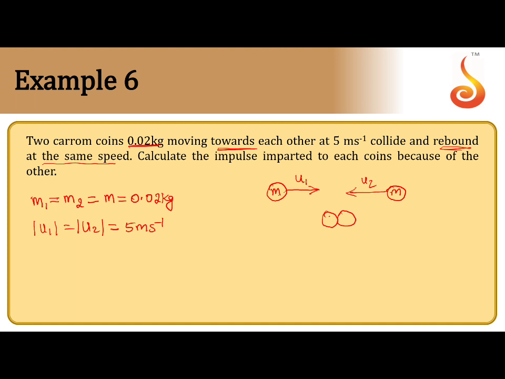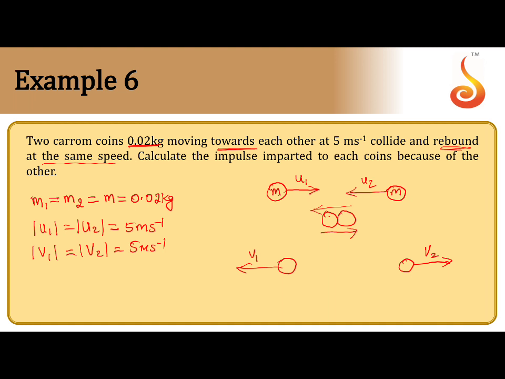During this process, the first body will exert a force on the second one, and the second one will exert a force on the first one, due to which they start moving in the opposite directions. According to the data, they again move with the same speed like this. So I can write mod of v1 is equal to mod of v2 is equal to 5 meter per second. Mind you, this is only the magnitude. I am not speaking about the direction.